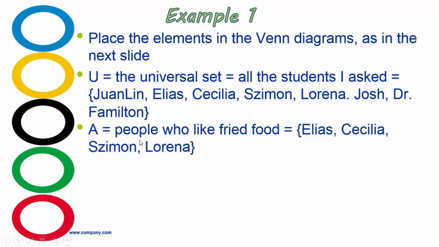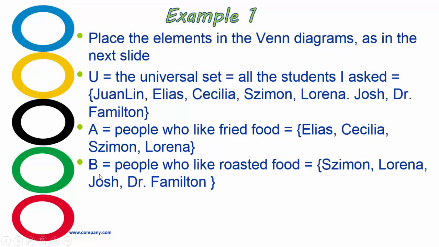And A, we're going to look at set A as the people who liked fried food. So Elias, Cecilia, Simone, and Lorena said they liked fried food. And the people who liked roasted food, well, Simone, Lorena, Josh, and myself said we liked roasted food.